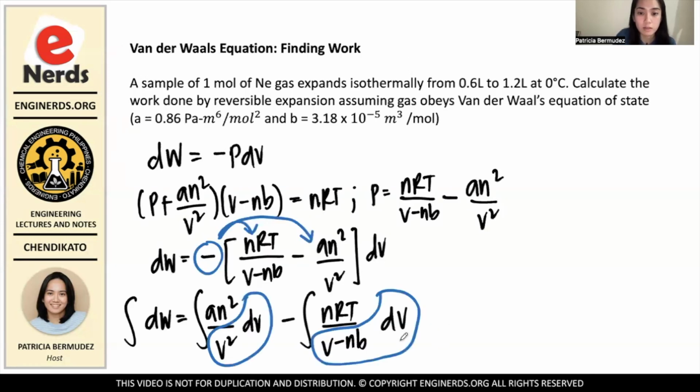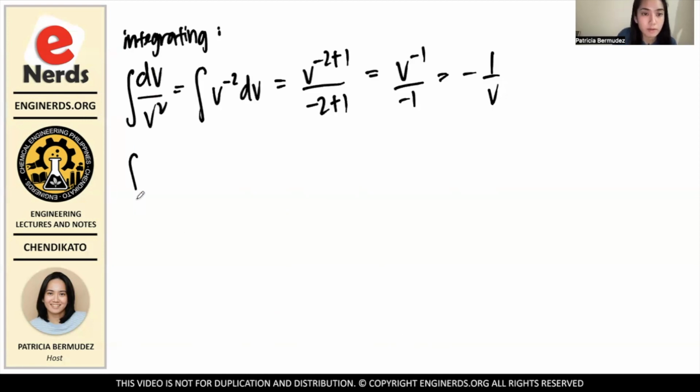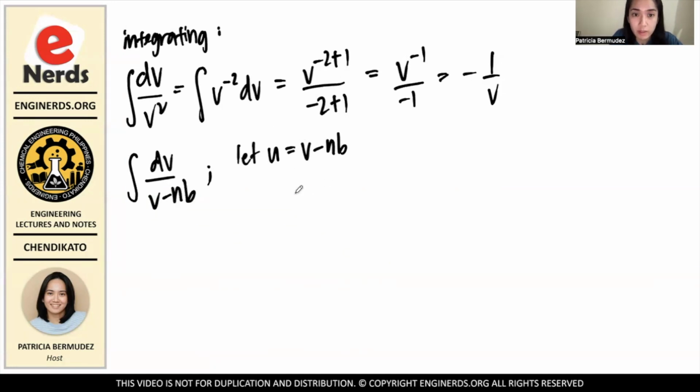How about this part? We have dV over V minus NB. Here we're going to use U substitution. Let U be equal to this whole thing, V minus NB. Now we just have to take the derivative of this. The derivative of U is just 1, so 1 times dU. Likewise here, what is the derivative of V?